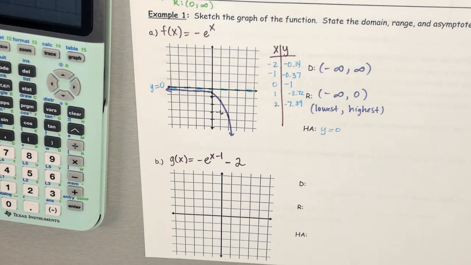For this one, where's the graph approaching? Good, -2. So that should be your horizontal asymptote. Nothing you're going to tell me about?